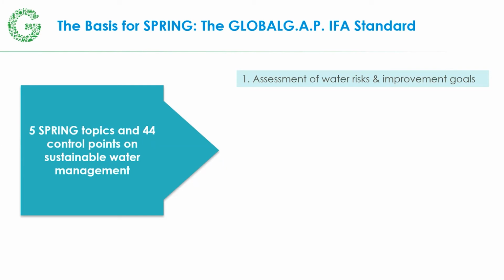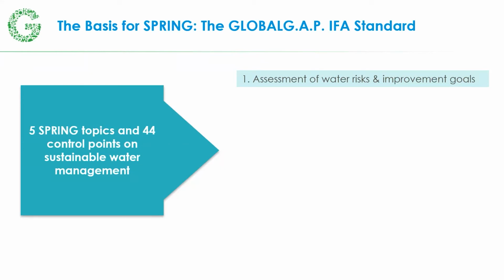Who are the stakeholders related to water? Which link the producer has with each of them, and which risk, which challenge, which commitment the producer has with each of their stakeholders related to water.